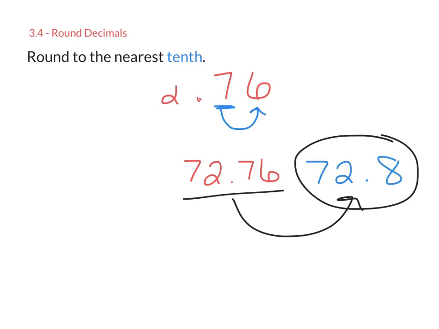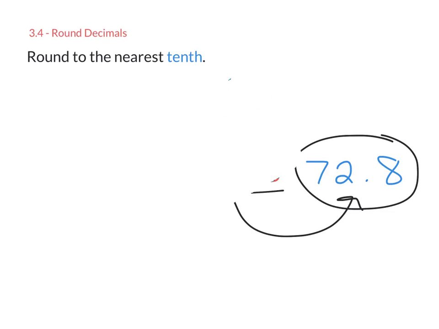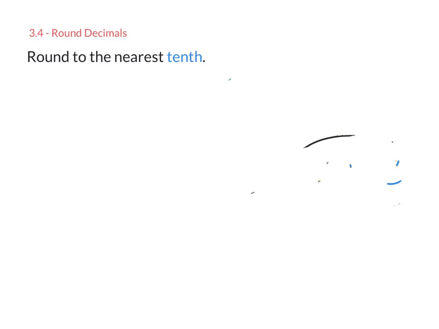Let's practice one more rounding to the nearest tenth. 5 and 613 thousandths. And again, we're going to round to the nearest tenth. So here's the tenths place.